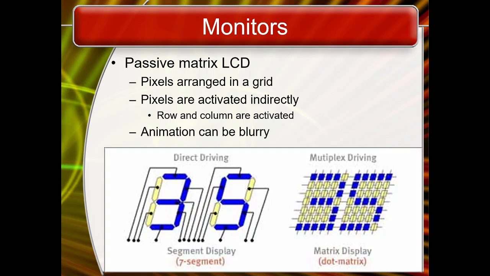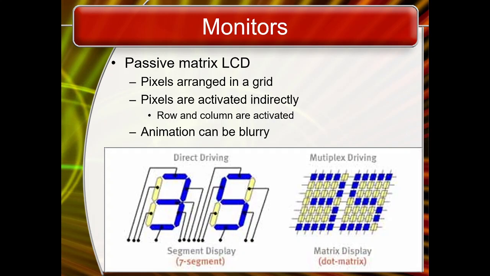The next phenomenon that emerged was matrix LCD. Liquid crystal display was based upon the number of segments or displays horizontally versus vertically. The first category was passive matrix, the other one is active matrix. Let's see one by one. In passive matrix, pixels are arranged in a grid, and pixels are activated indirectly.